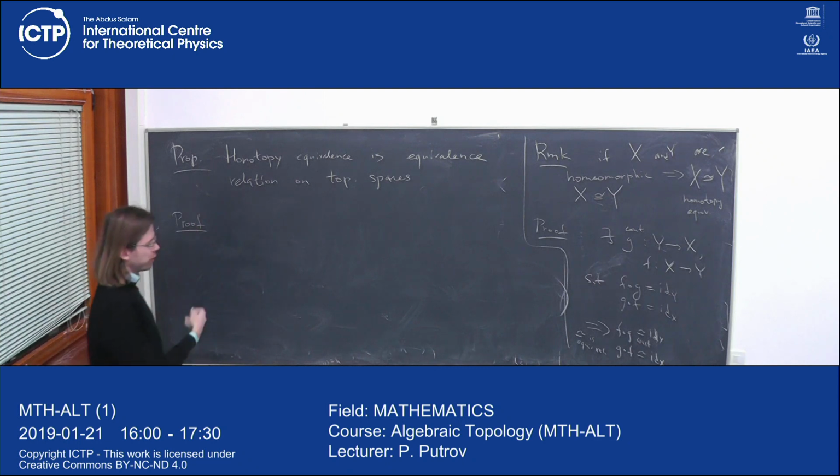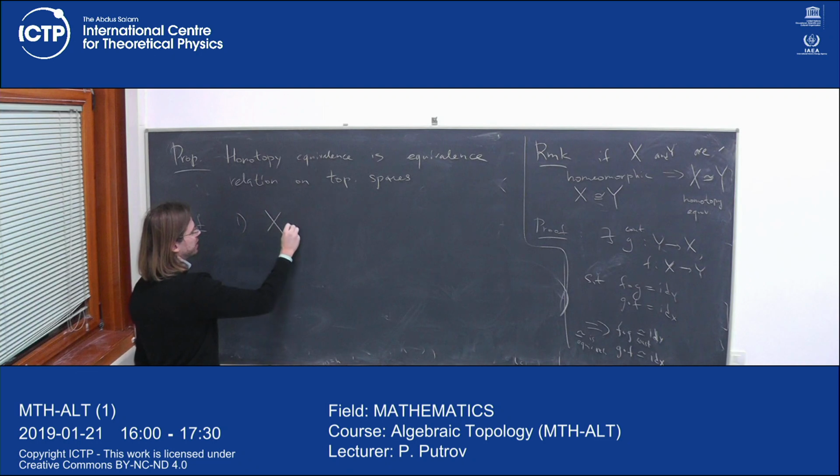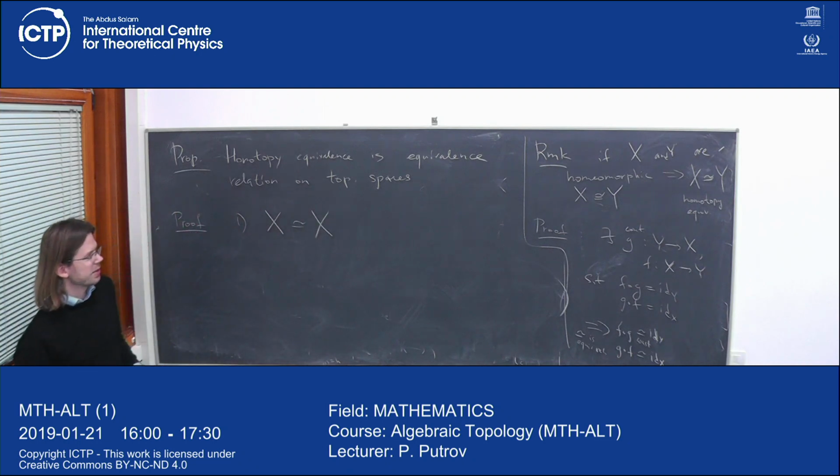Again, we have to prove reflexivity, symmetry, and transitivity. First, we want to show that X is homotopy equivalent to itself.